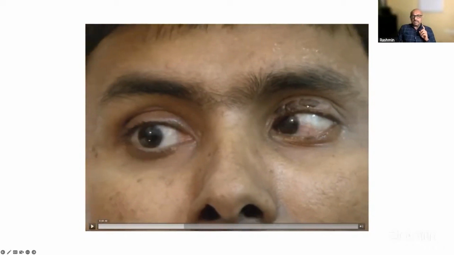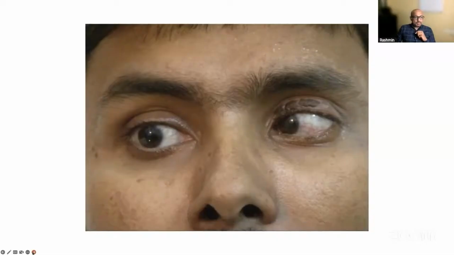In this patient, there is also a gold weight implant in the upper eyelid, implying that the patient had lagophthalmos. So here is a patient who has a 6th nerve palsy on the left side with a 7th nerve palsy and nystagmus of the right eye. That's patient number one.